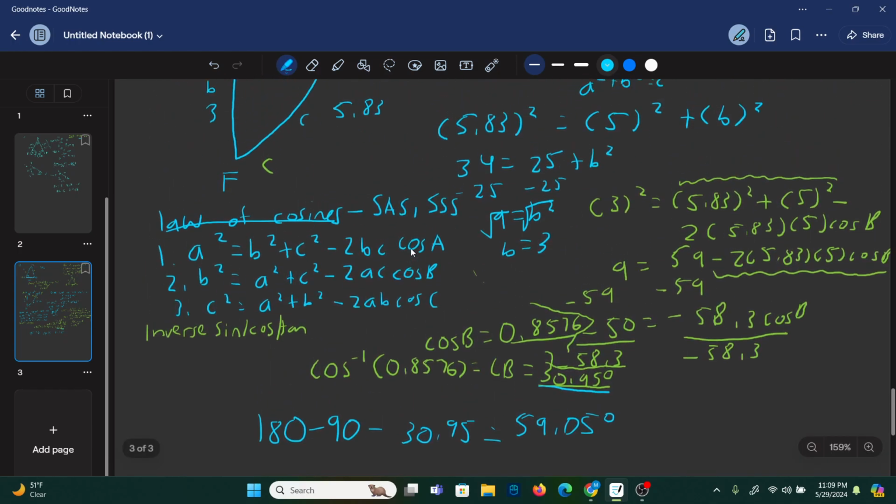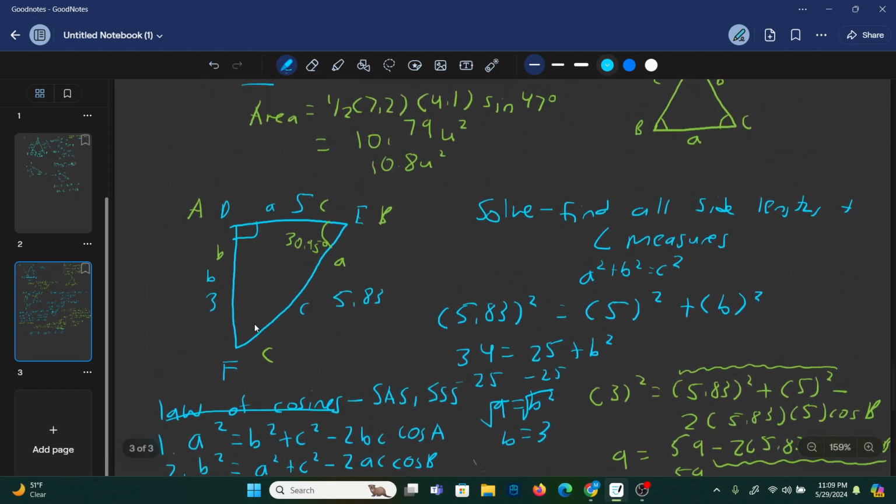And if we go back here, 59.05 is angle C. And now we have solved the triangle because we have found all the angle measures, this angle measure and this angle measure, and we found these three sides.